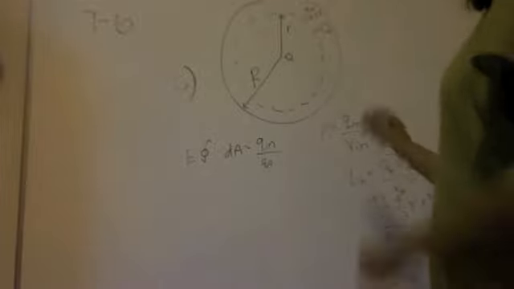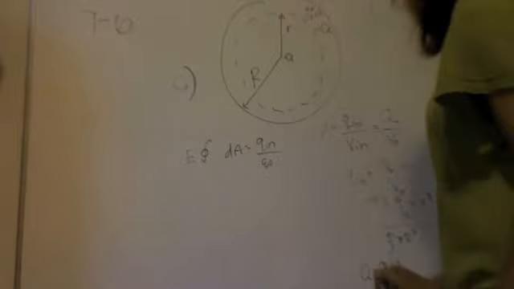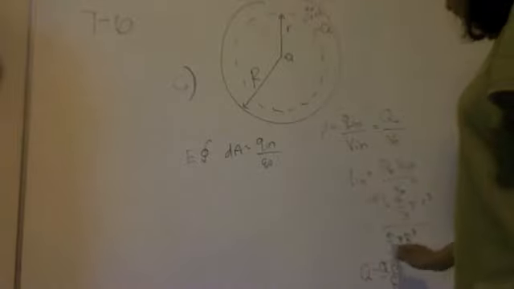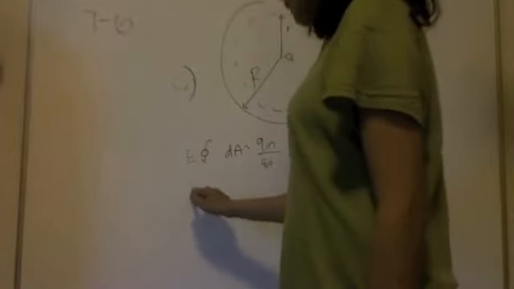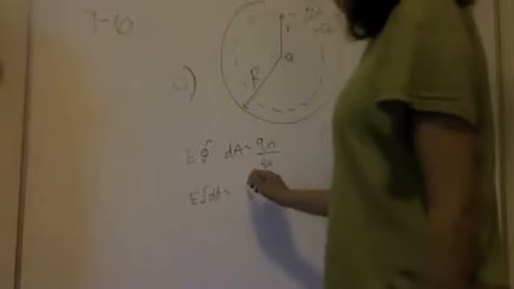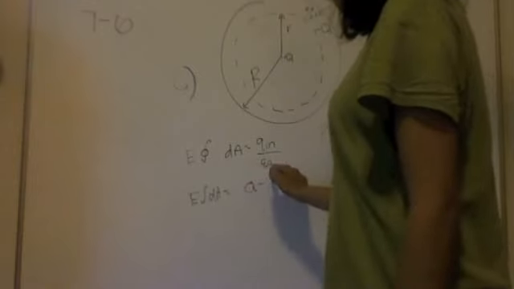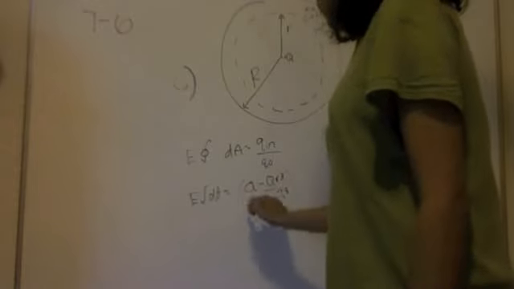So your charge is Q minus q little r cubed over big R cubed, and we replace that for Q enclosed. So E times the integral of dA is equal to Q minus q r cubed over R cubed, over epsilon naught.